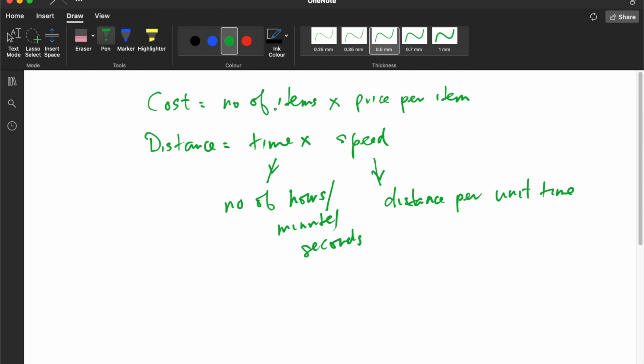Isn't it similar to number of items? So if you ever encounter a problem involving speed in which the distance remains the same, then you can use the same method that I use here, because it is the same as having the cost remaining the same while the price per item changes. In this particular case, the price per item changes because of the discount.